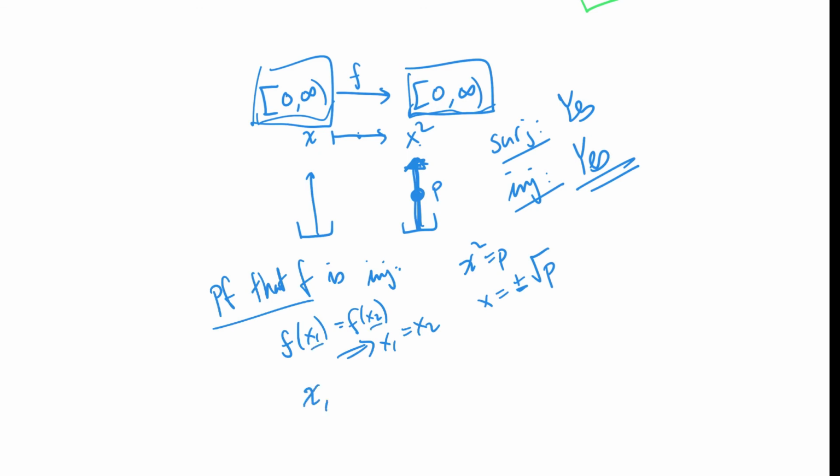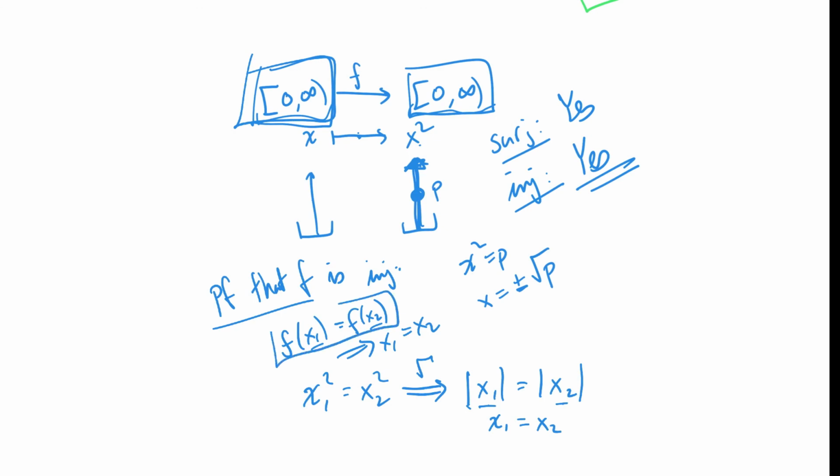Well, that's nothing more than x1 squared equals x2 squared. Now, if I take the square root of each side, I will get the absolute value of x1 equals the absolute value of x2. But think about x1 and x2. x1 and x2 are both non-negative real numbers, so the absolute value of each of these quantities is just itself. So what I've done here is shown that f of x1 equals f of x2 implies x1 equals x2.